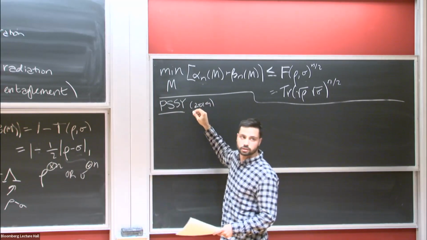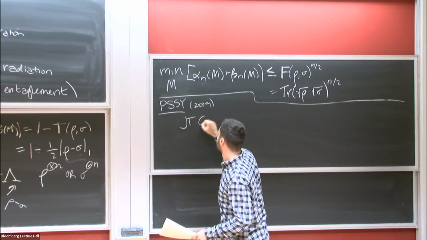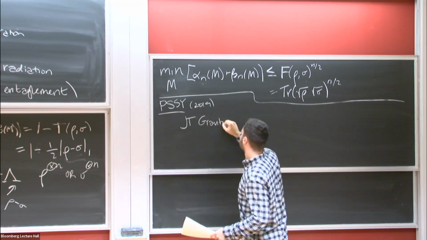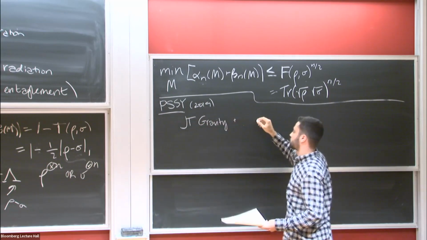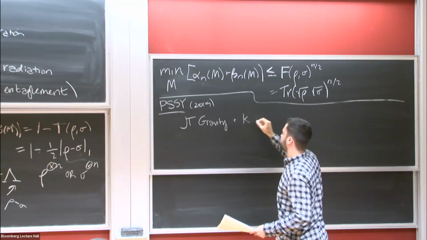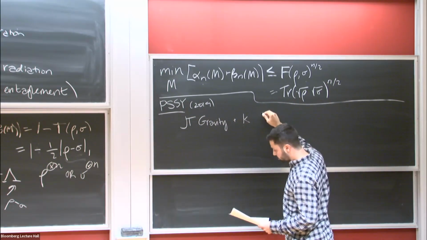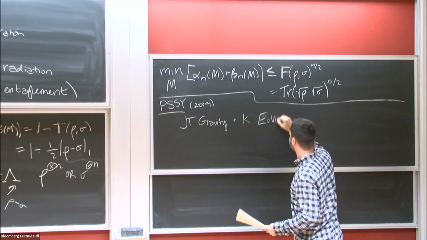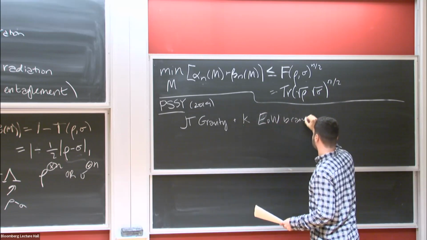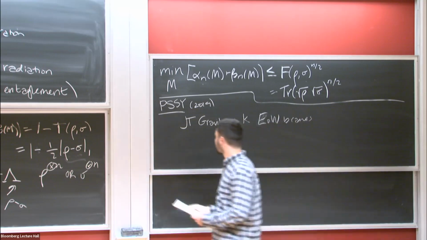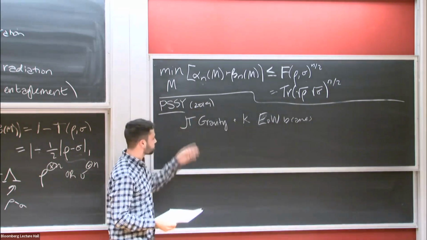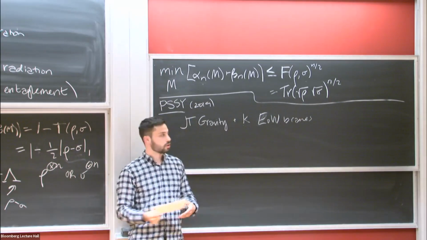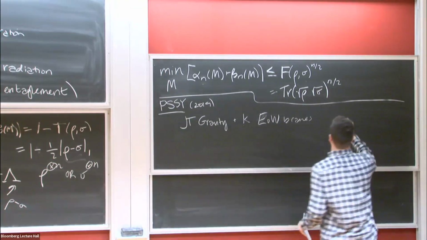where we take JT gravity, decorated with K flavors of non-dynamical end-of-the-world branes.